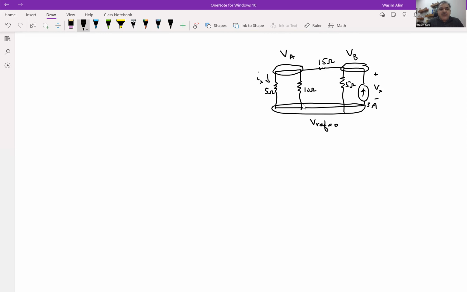So what I'm saying there is that I will say that there are three currents entering this node here. Okay, one current is flowing in the 5 ohm branch, the other one is flowing in the 10 ohm branch, and the third one is flowing in the 15 ohm branch. I'll just call them I sub 1, I sub 2, and I sub 3.